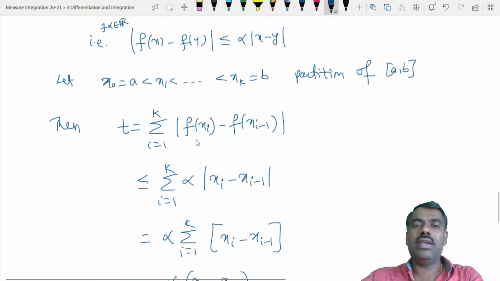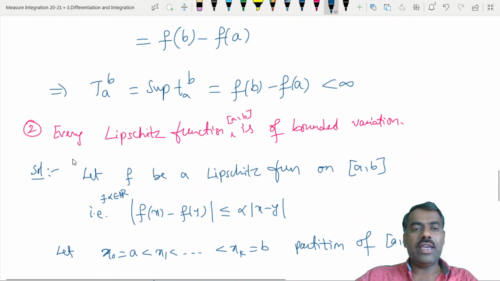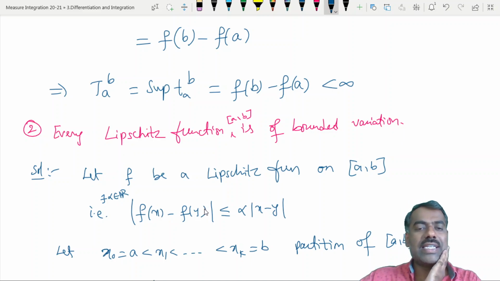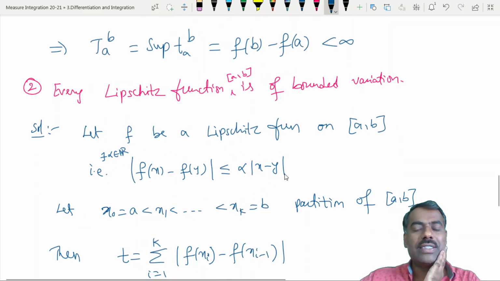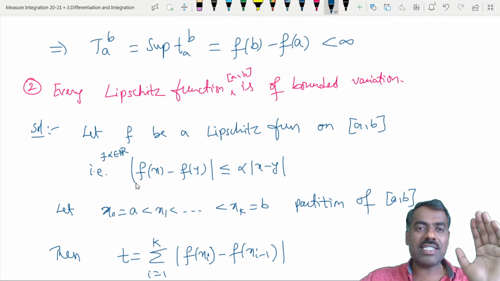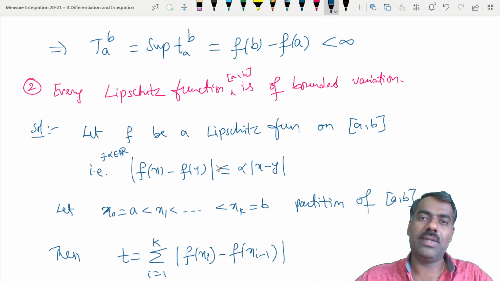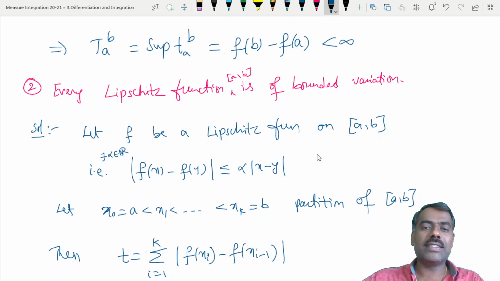You might have seen that if a function is differentiable, that means f dash of x exists, then you can see that it satisfies the Lipschitz condition.